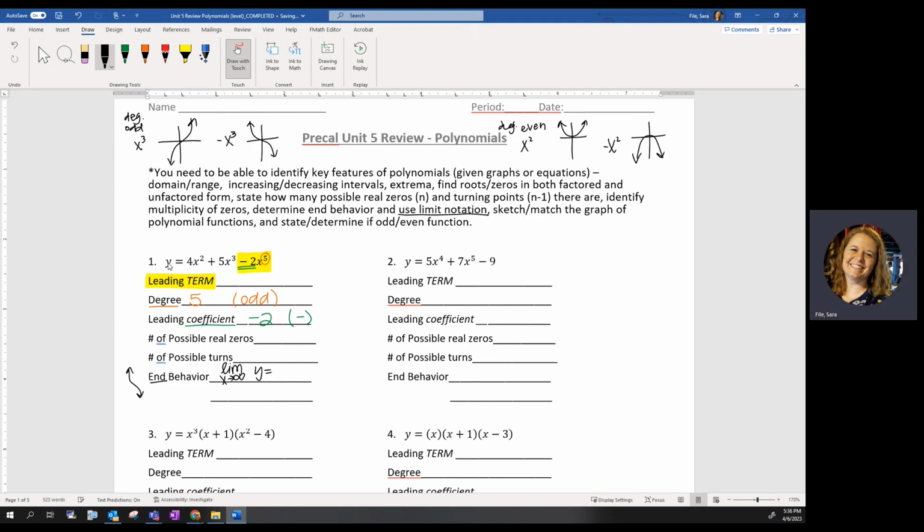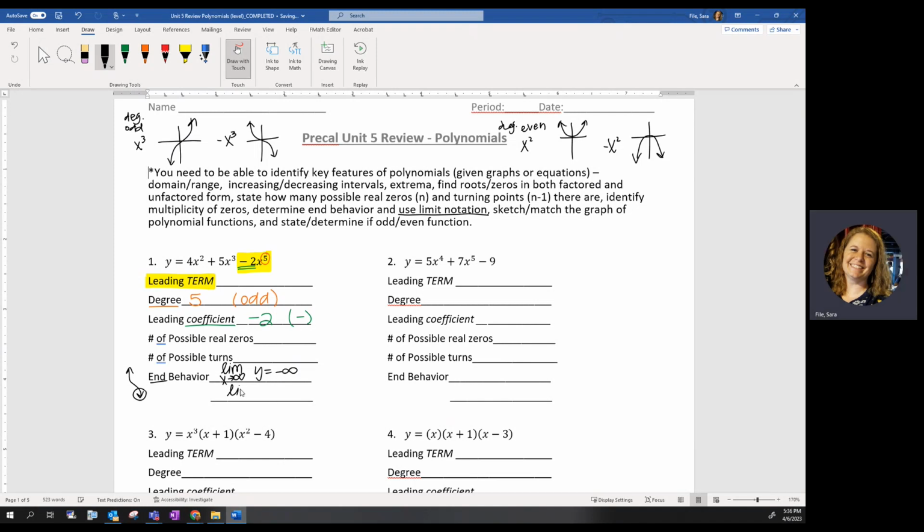If it said f of x equals, or h of x equals, or g of x equals, that's what would go here. So as x approaches infinity, y is going down on the right side. So it's going to negative infinity.